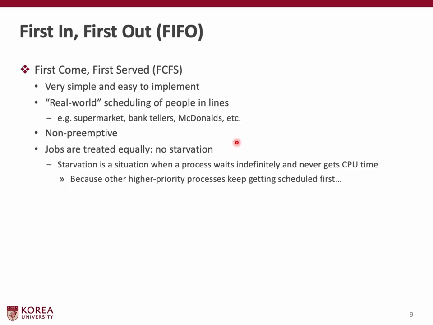Starvation happens when a job waits forever because other jobs keep getting scheduled ahead of it. But in FIFO, once a job is in line, it will eventually run. This means that no job gets skipped or pushed back, so starvation doesn't occur in this algorithm.